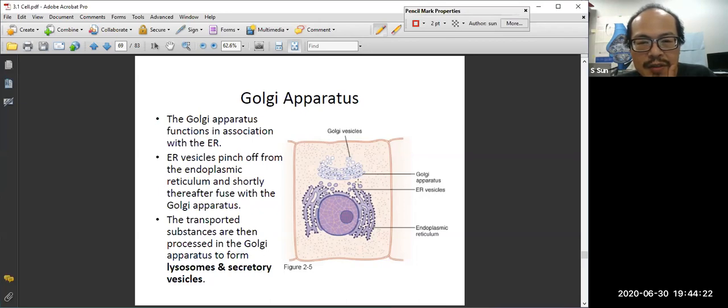So it can be the secretory vesicles or the lysosome vesicles, like this one here.